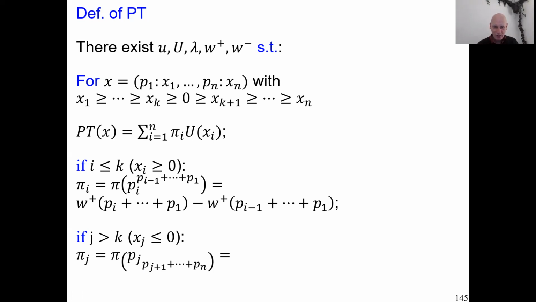Then we said it was a big fuss about nothing, it doesn't matter, you can do what you want. But now you see, in prospect theory, for losses, Kahneman and Tversky do what the critic said. We have here a loss-ranked probability. Then we determine the decision weight as our critic said. We take the marginal W minus contribution of the outcome probability to the loss rank, not the gain rank.